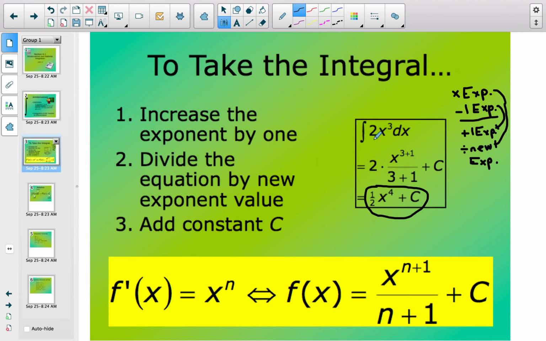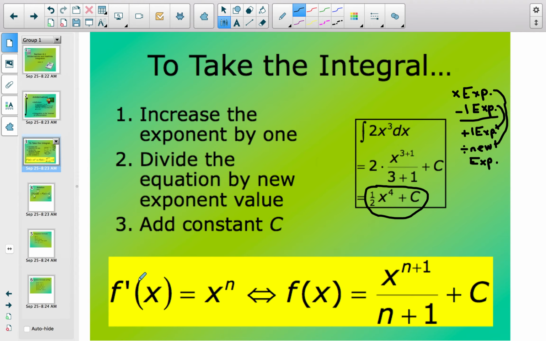Say 1/2 x to the 4th plus 1, 1/2 x to the 4th plus 15, 1/2 x to the 4th minus 2,000, any one of those functions. So we include this constant c, and usually that has a name. It's called the constant of integration.